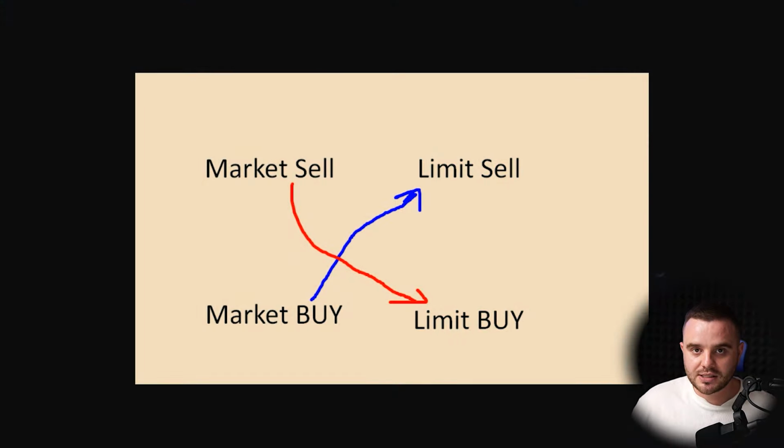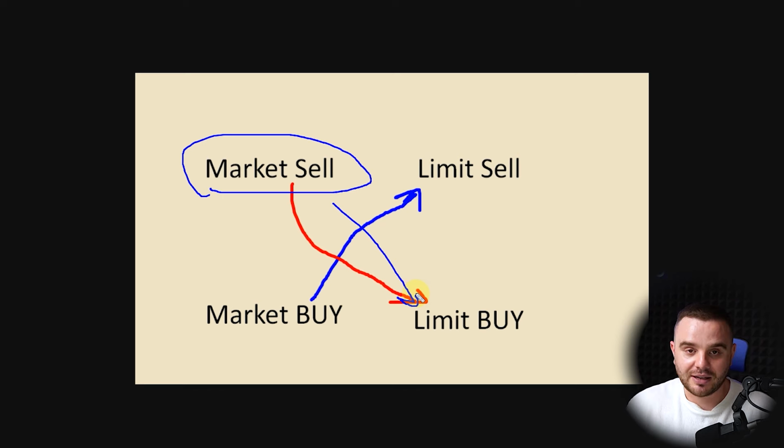But how is this created? Let's dive deeply. To understand it, we should cover this picture. When we open or close a trade, we always have these choices. When we do a market sell, we must sell it to someone, because on a market you cannot sell to God, to nothing. Only God can create everything from nothing.